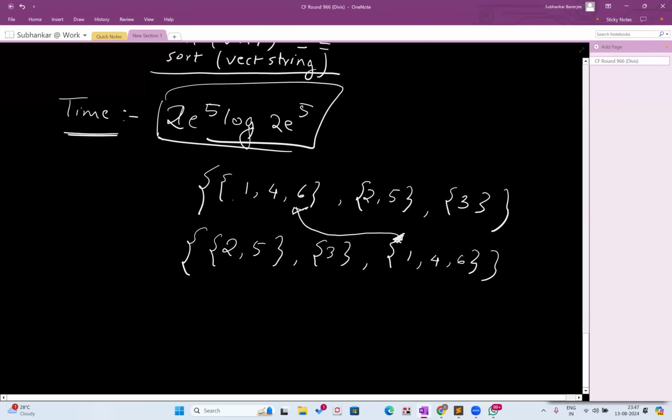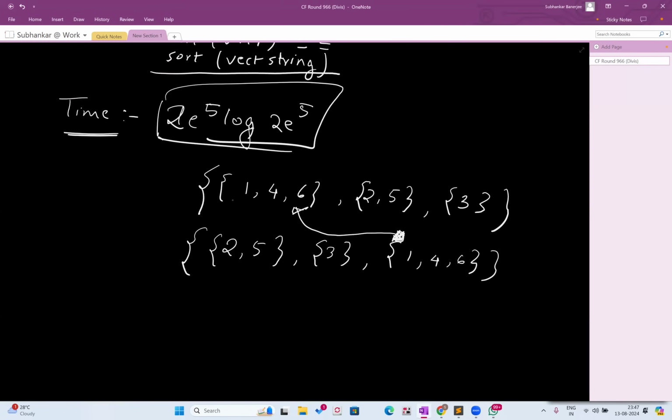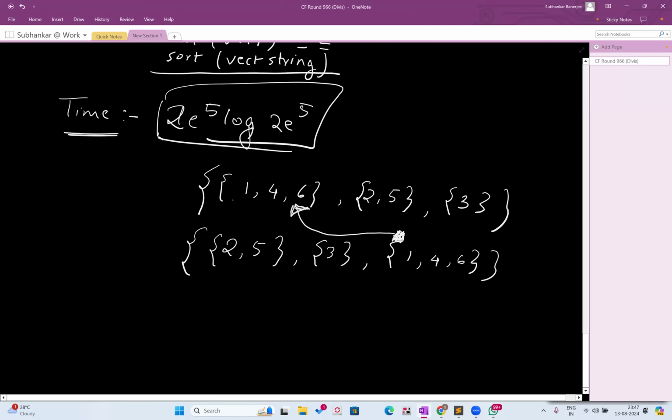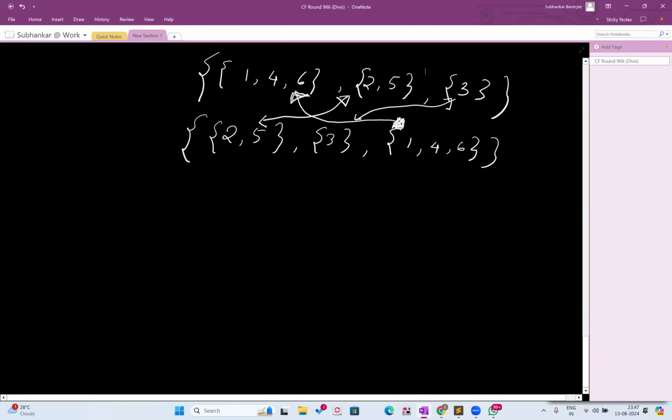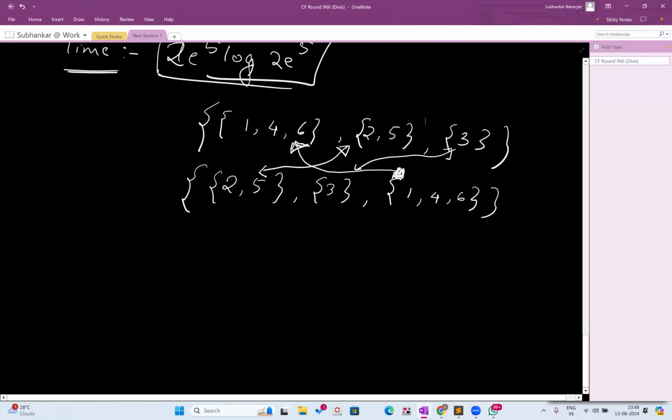If the elements of the string can be rearranged to form the elements of the initial vector of vector, then the answer will be yes. In this case, this can be rearranged here and this can be rearranged here. Did you get why we are sorting? These two vectors we should consider as equal, so we need to sort first. Do you get it?